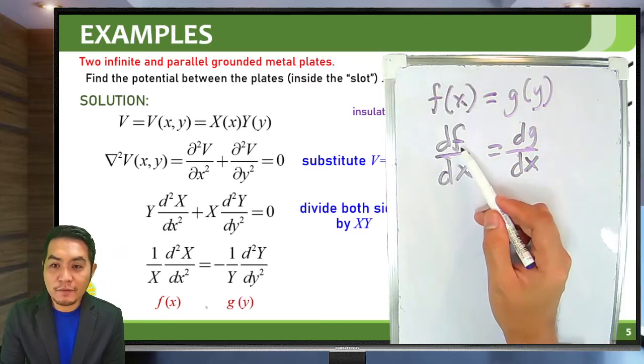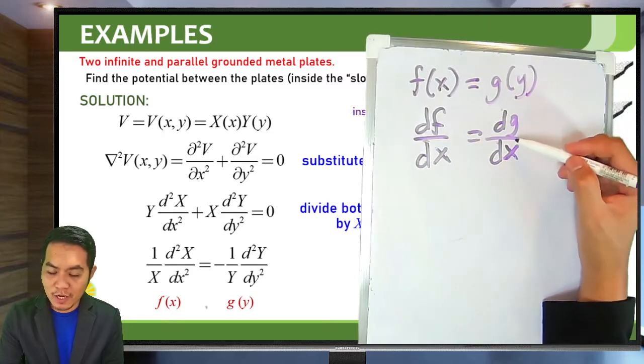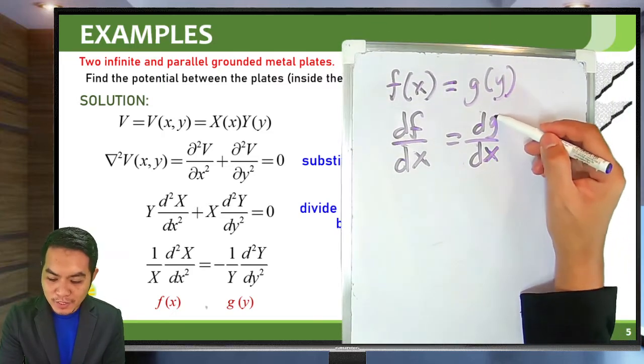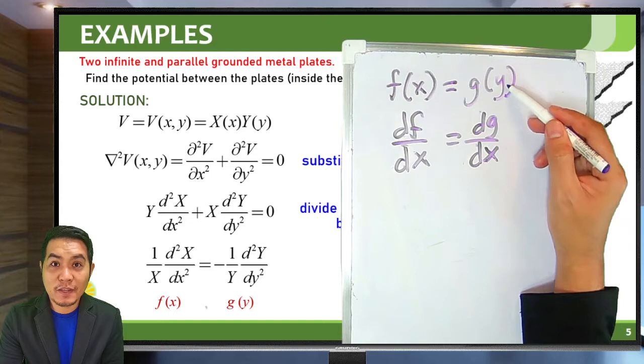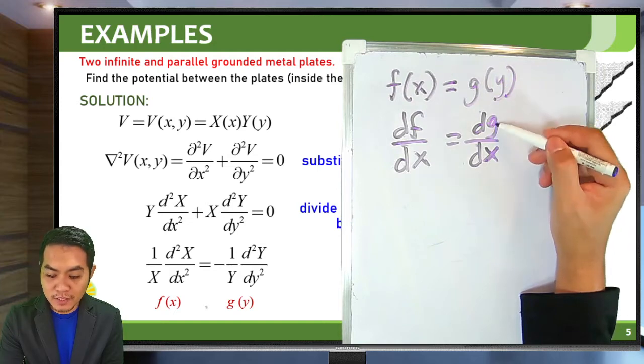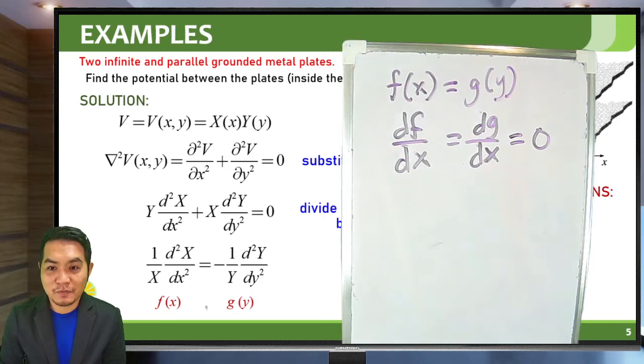Since f depends on x, it has a total derivative. But on the other side of the equation, g is only a function of y. So if you take the differentiation with respect to x, then you will get 0.